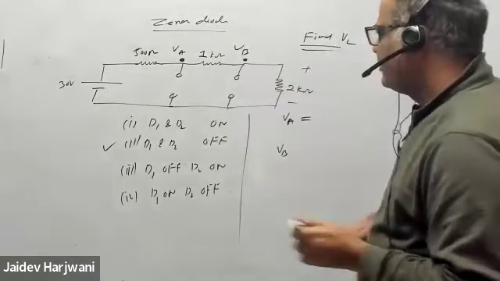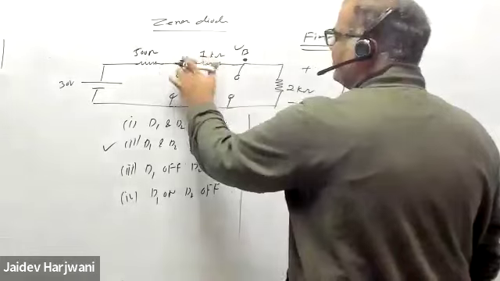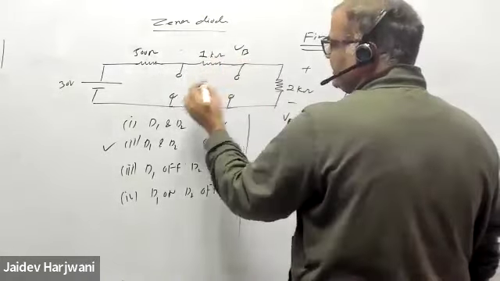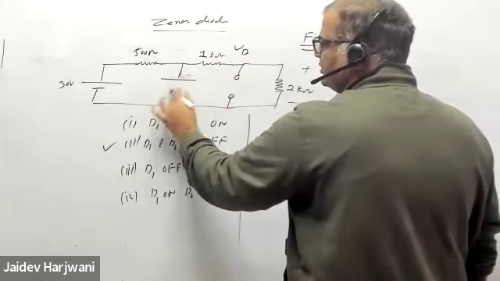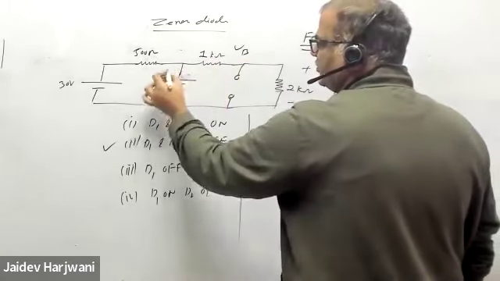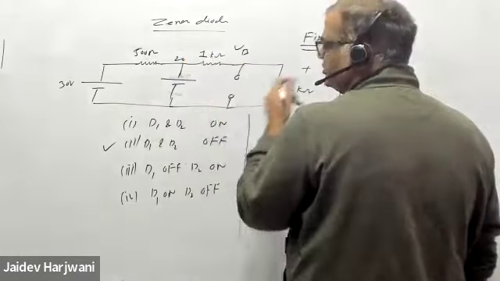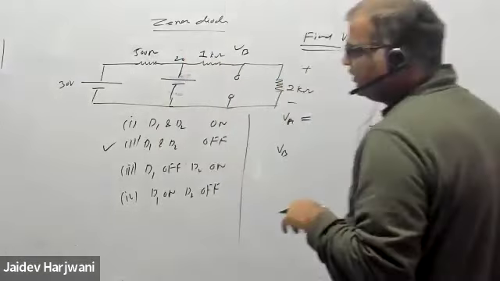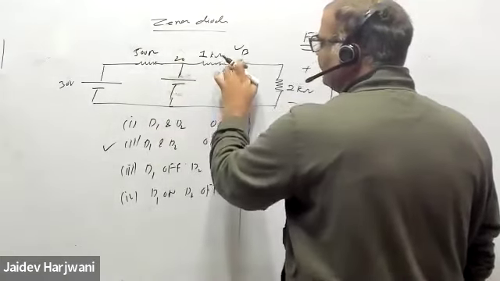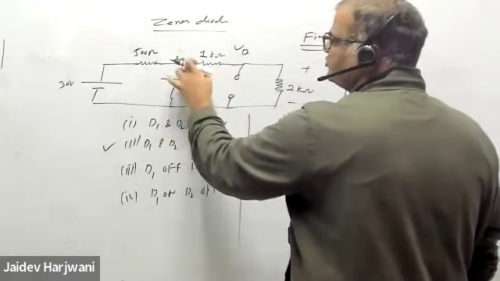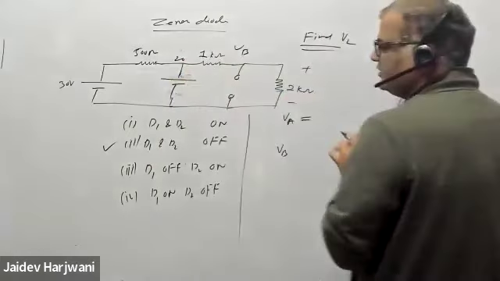Okay, so you can keep one on and one off. So if I say this is on, so this has become 20 volt. So you can check again if you do it 20 volt. If here is 20 volt, so here voltage will be obviously greater than 10 volts. So this 20 volt will be divided between here and here, 3 kilo ohm.